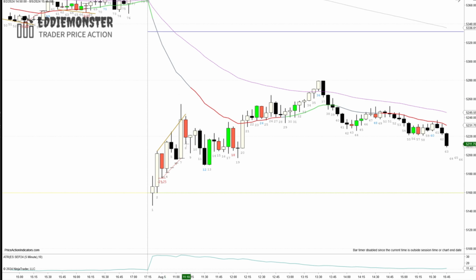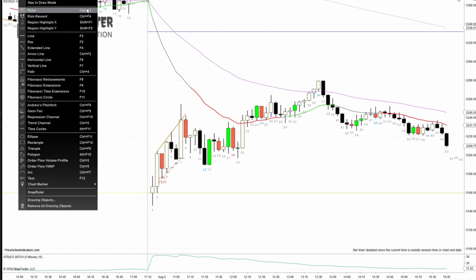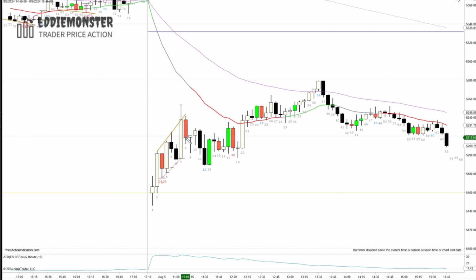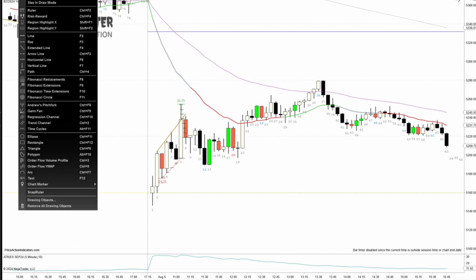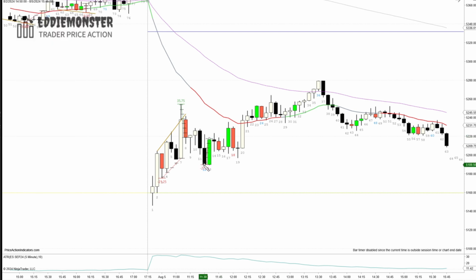So wedge and 8 and then 11. 8. If we took 8, we can take 8 on the close. 35 points. 2 legs down and then 13. So we can take 13, right? Good bar, 25 points. 1, 2 legs up. 1, 2.